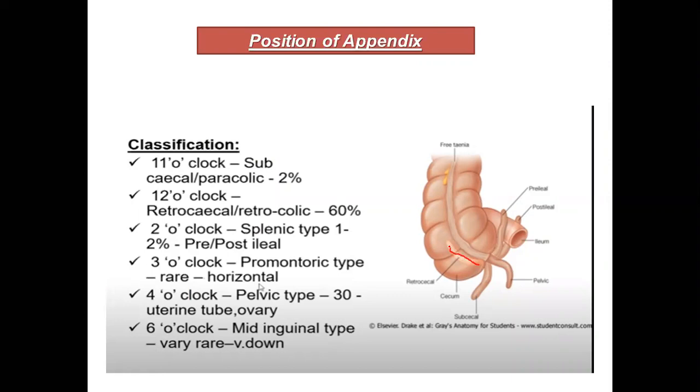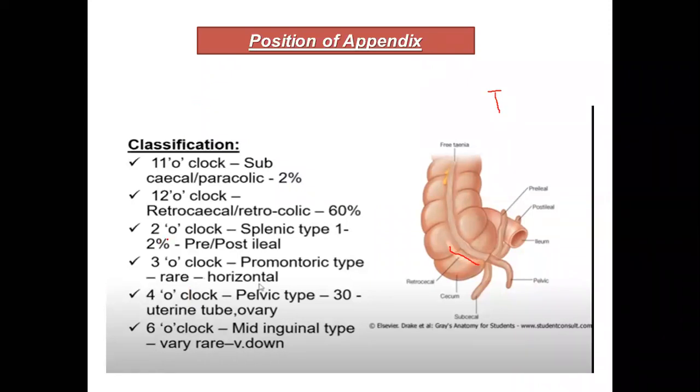And when it is lying at the mid-inguinal point, which we cannot see here, it's a very rare type. If we consider this as the cecum, the 6 o'clock position is a rare position of the appendix.